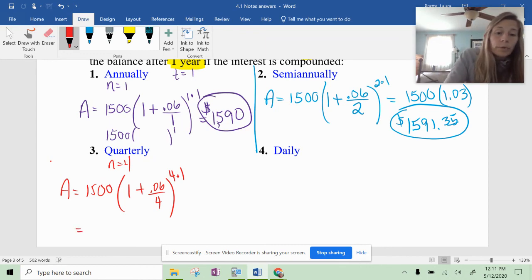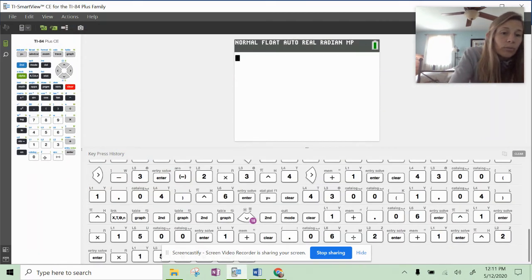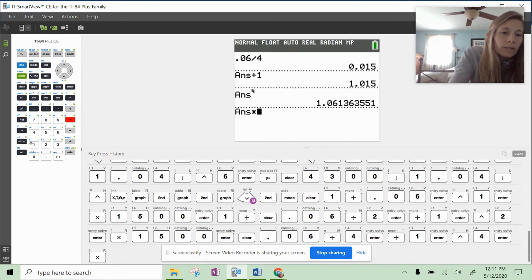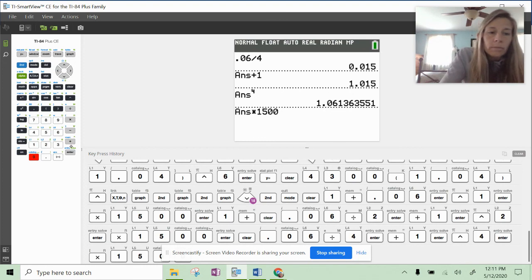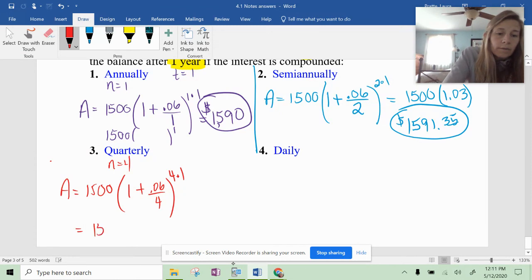And then again, just putting that all in on your calculator, I would probably start out with the parentheses, so 0.06 divided by 4, add the 1. Now you've got what's in your parentheses, raise it to your exponent. 4 times 1 is 4. Then multiply that by your initial investment out front. And we've got $1,592 and 5 cents.